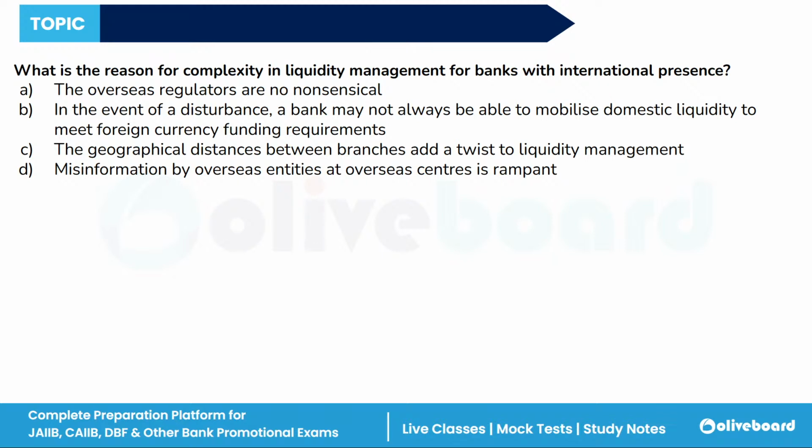See, in the event of disturbance, a bank may not always be able to mobilize the domestic liquidity to meet the foreign currency funding requirements. So option B is correct here. Option B is correct.